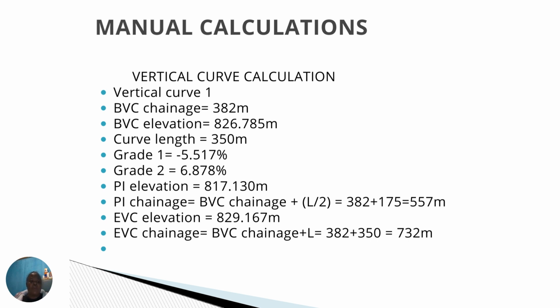The chainage of the point of intersection was found to be 557 meters. The elevation of the end of the curve was 829.167 meters. And the chainage of the end of the curve was found to be 732 meters.